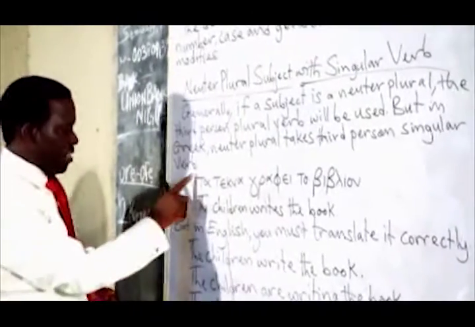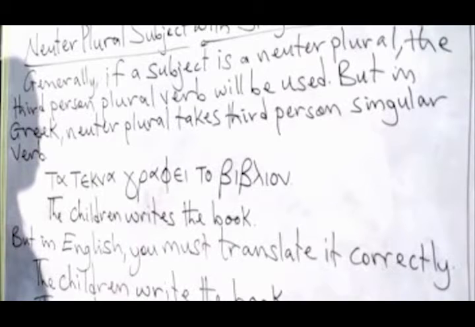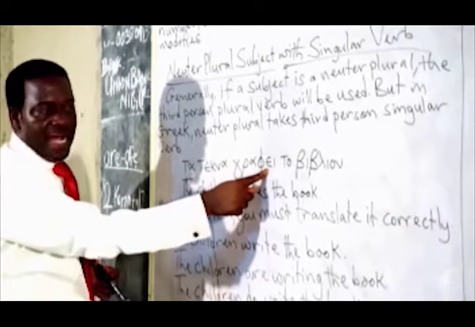The example we have on the board now: ta tekna graphei to biblion. The verb graphei is singular, and the subject ta tekna is plural. So generally in Greek, neuter plural nouns or subjects take a singular verb.